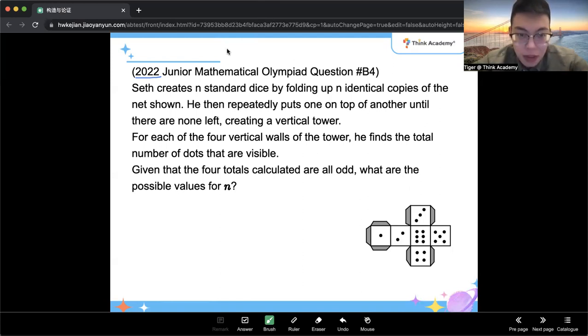And then he repeatedly puts one of them on top of the other until there are none left, such that there is a vertical tower. And the question says that the 4 totals of the 4 vertical walls are all odd. So what are the possible values for n?